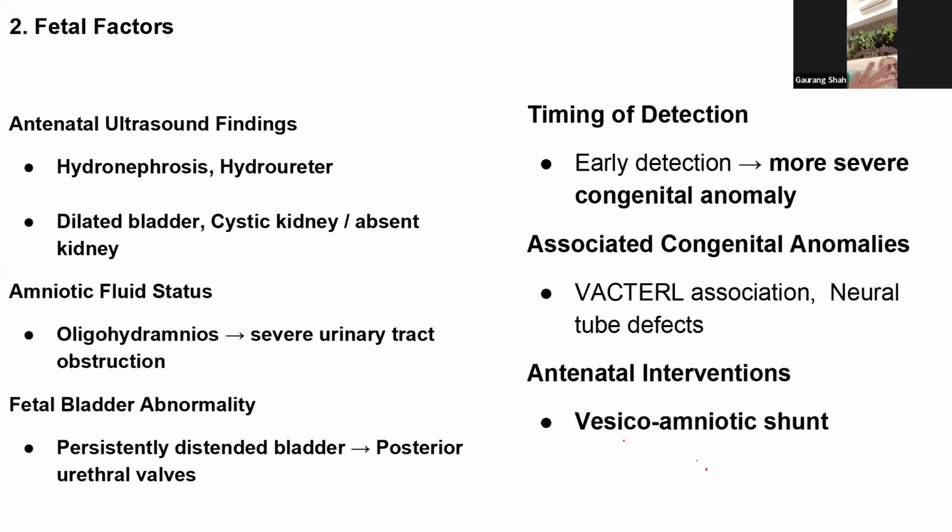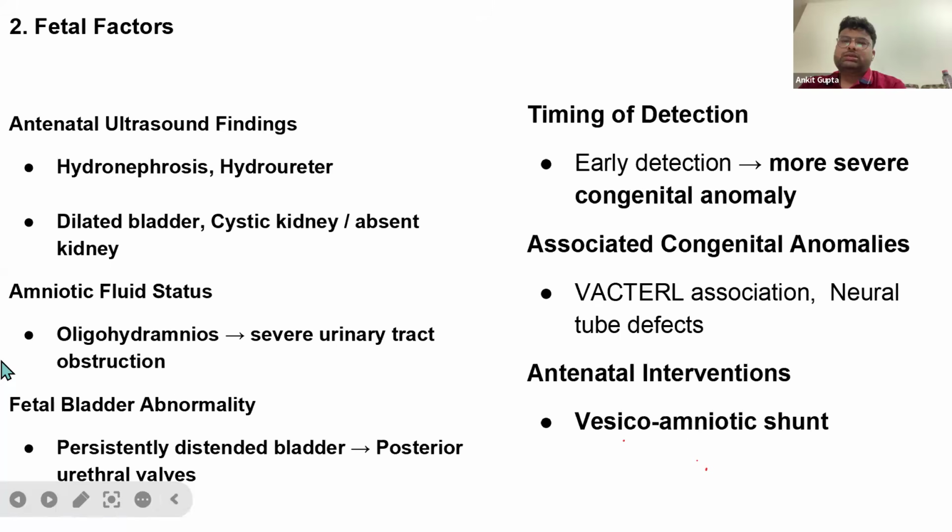So Ankit, when you are talking about ultrasonography and hydronephrosis, what are the gradings as per the Society for Fetal Urology? You know anything about that? Yes, sir, there is the SFU grading system and the UTD grading system.